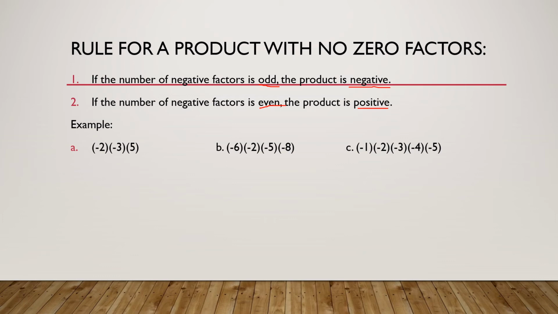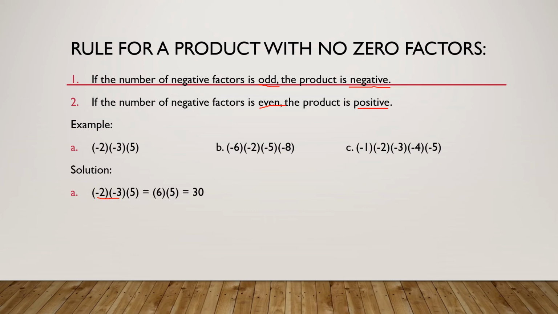Examples. Alright, here. So we know that we have 2 negatives. That's positive. And then we have 5, another positive. Okay, so here is the solution. So we combine this. Negative 2 times negative 3 is 6.